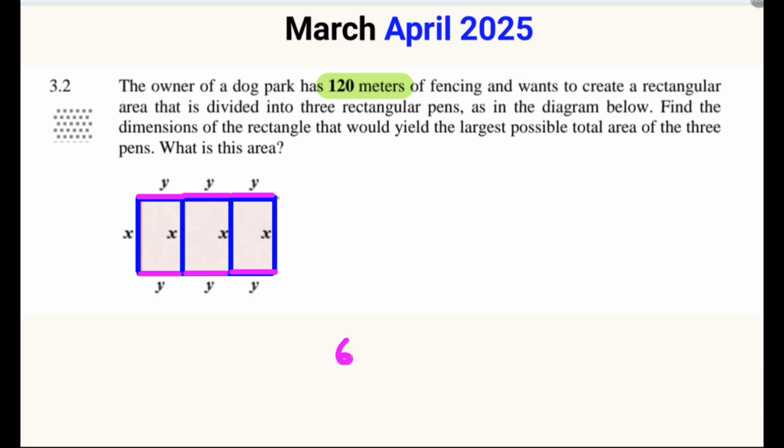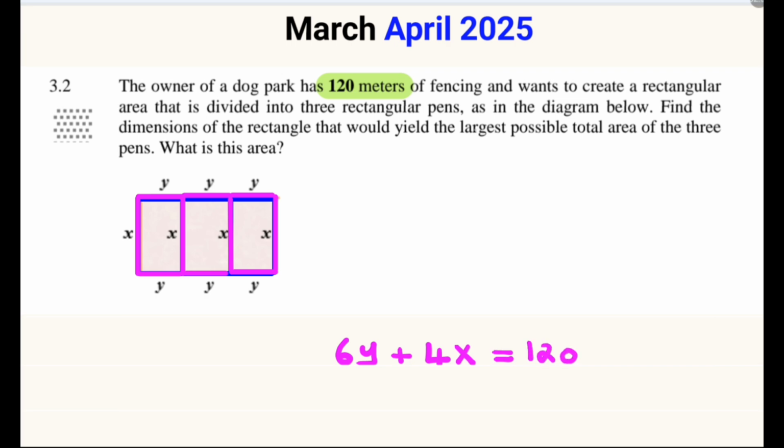So 6 y's in total, plus x number 1, x number 2, x number 3 and x number 4. So 4x in total, and all of these should add up to 120 meters of the fencing.